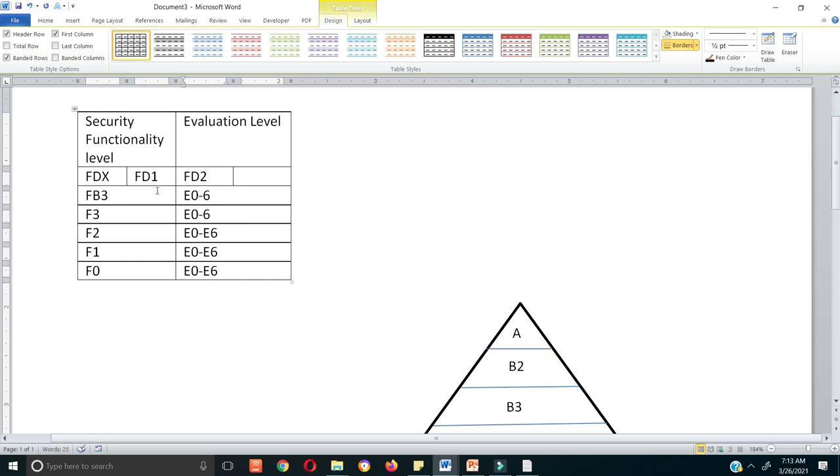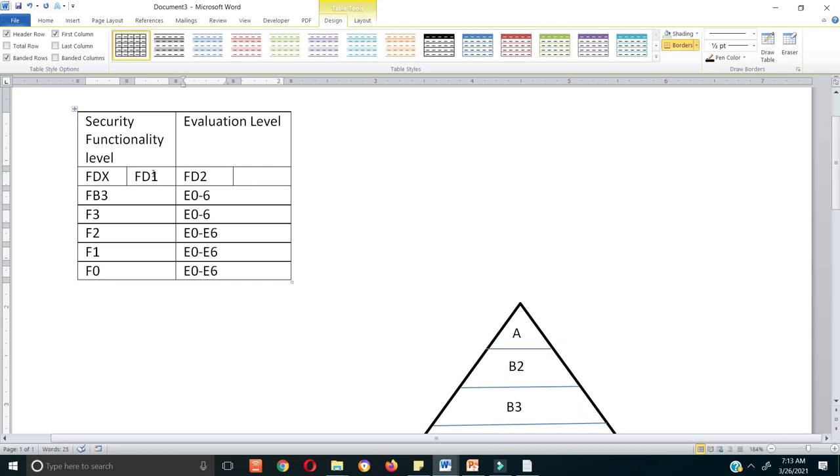What is really happening here is that an FB3 system must implement all functionality in an F0 system. It's like how we say a third year must have completed first year and second year. So an FB3 system must have implemented all functionality in the lower levels.